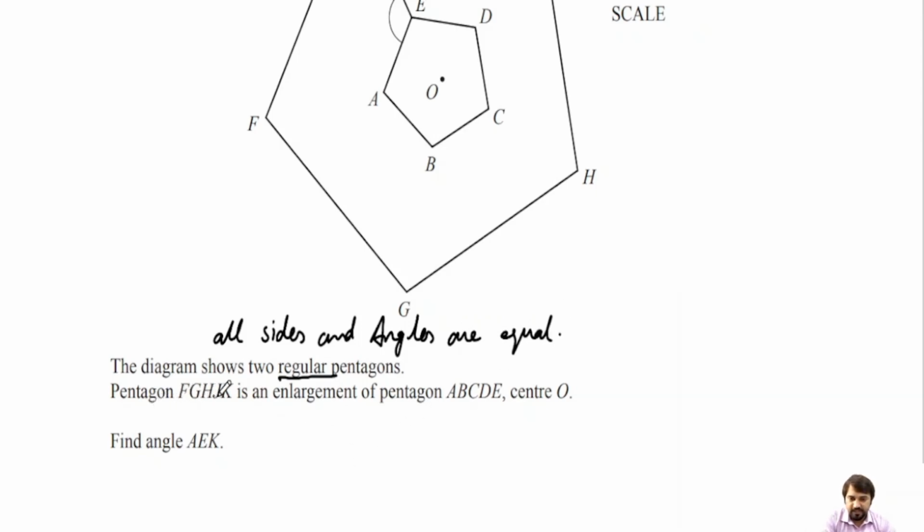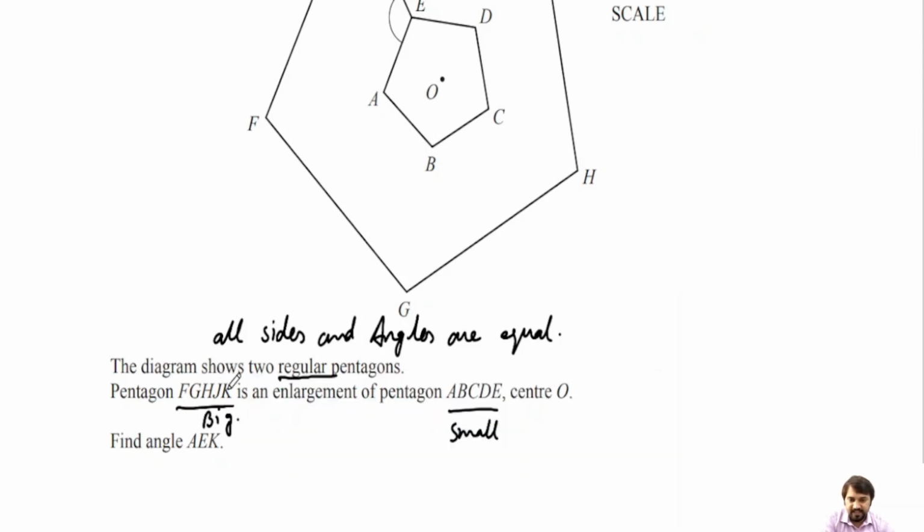Pentagon FGHJK is an enlargement of the pentagon ABCDE. This one is the small one, and this one is the bigger. FGHJK is the enlargement of the pentagon, this one, the small one inside the big one. Center O. Okay, we have the center O.